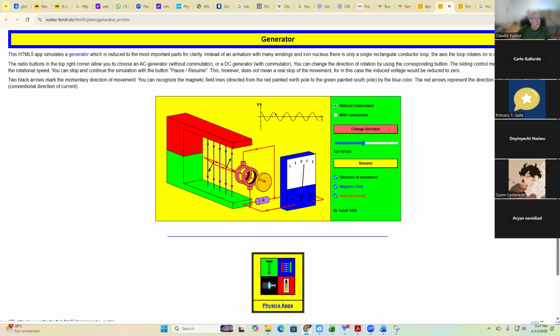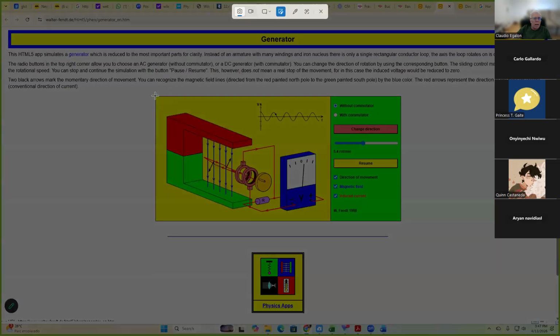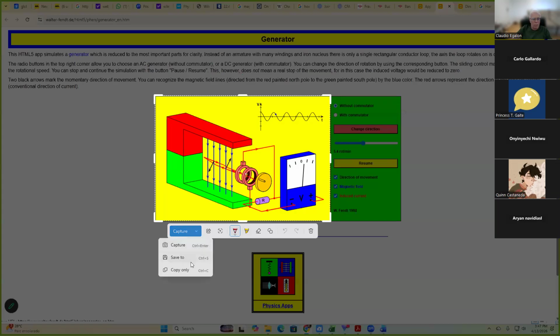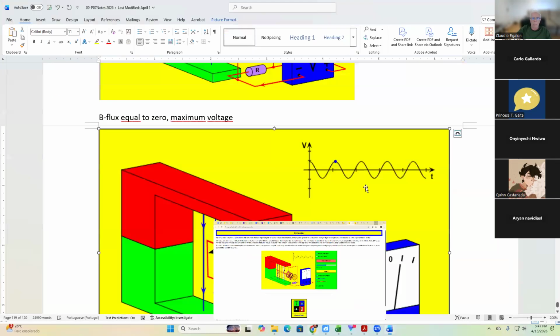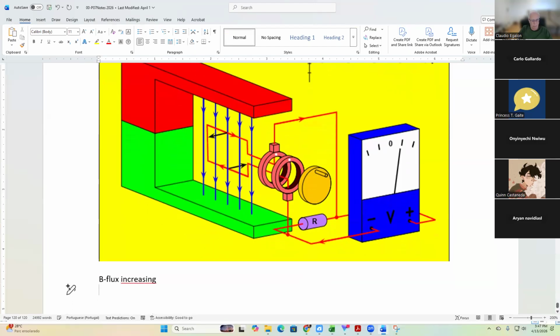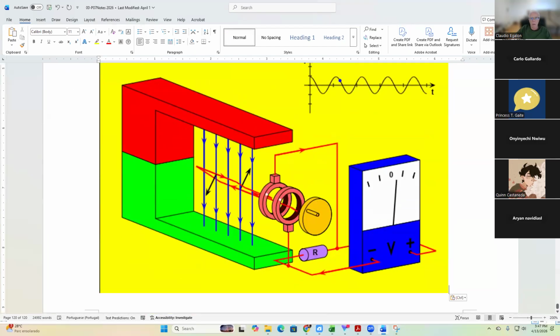Now the B flux is increasing again. B flux increasing. Right? So here you go.